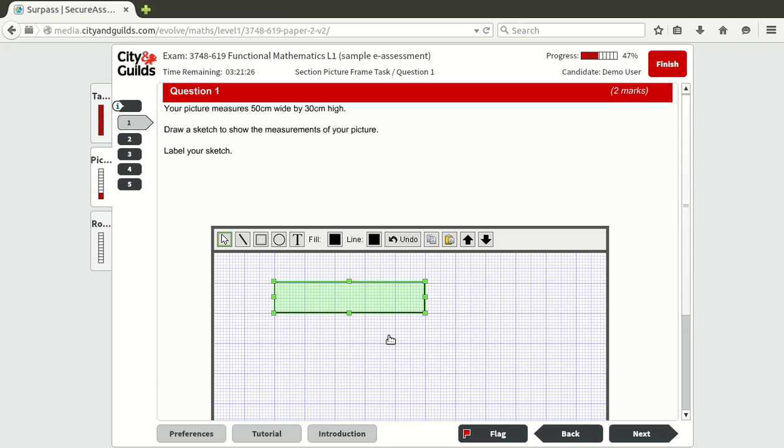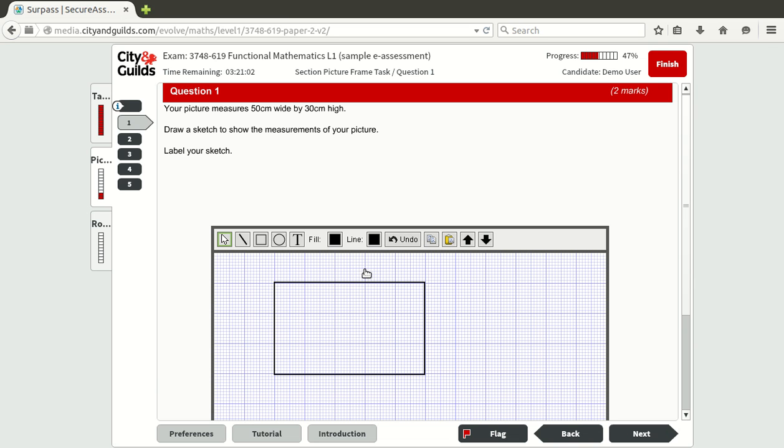So 30 centimeters high would be. So I'm already at 10. So that's 20, and 30 is down right there. So this is my box, and my box or my picture frame is 50 centimeters by 30 centimeters.